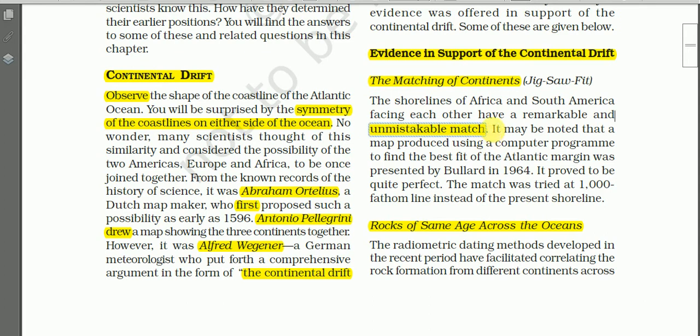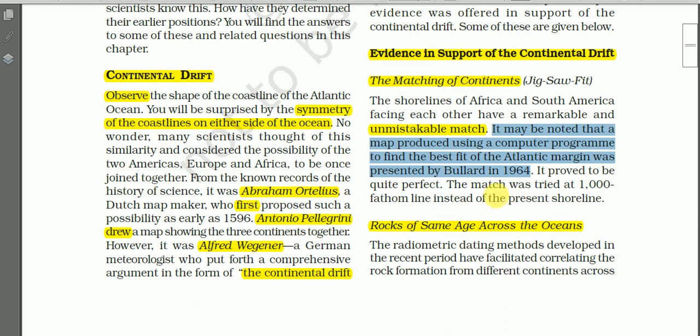It may be noted that a map produced using a computer program to find the best fit of the Atlantic margin was presented by Bullard in 1964, and it proved to be quite perfect. Matching of South America with Africa, and North America with Europe was quite perfect.